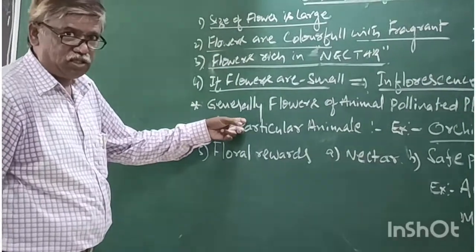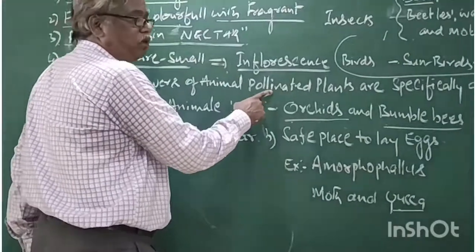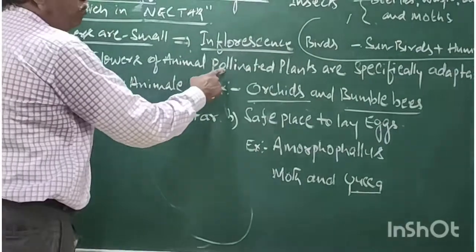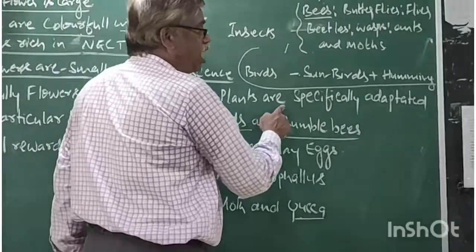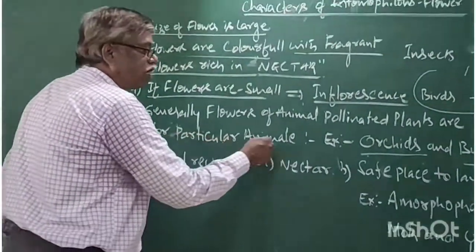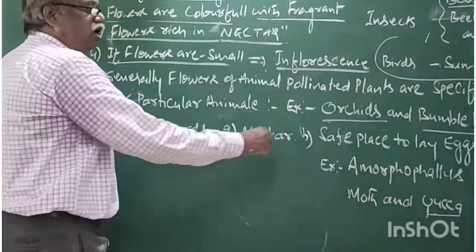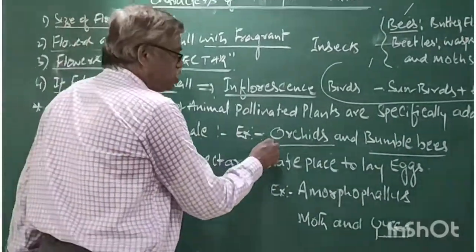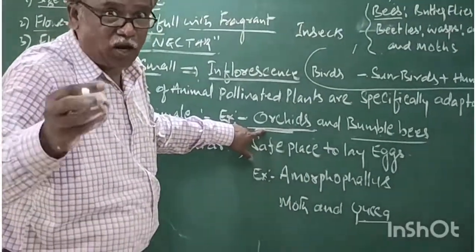Generally, most important, you read this sentence: flowers of animal pollinated plants are specifically adapted for a particular animal. Catch the point? Orchid and bumblebee is an example. Orchid is a plant name, like mango, neem, citrus.